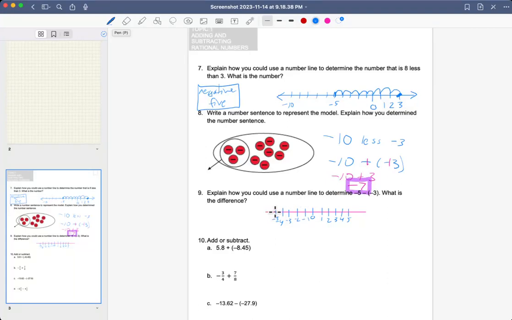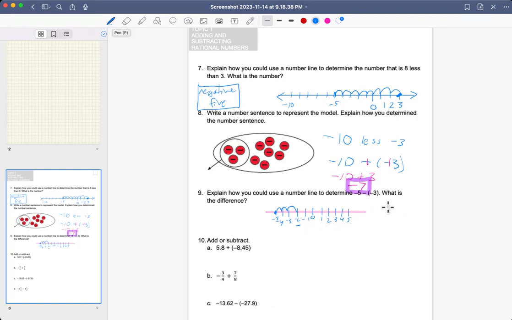It says -5 minus -3. So you're at -5. You start at 0. You go 1, 2, 3, 4, 5 in the negative direction. You're at -5. Now you're going to do the opposite of -3. So remember that. It's like you're adding 3. So 1, 2, 3. Puts us at -2. Okay.